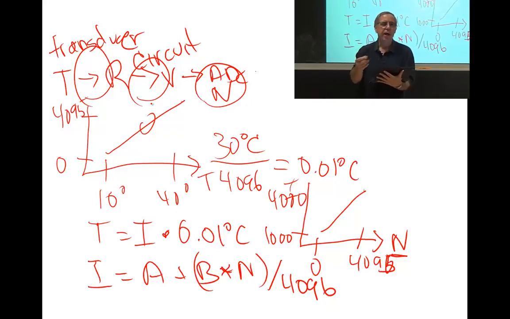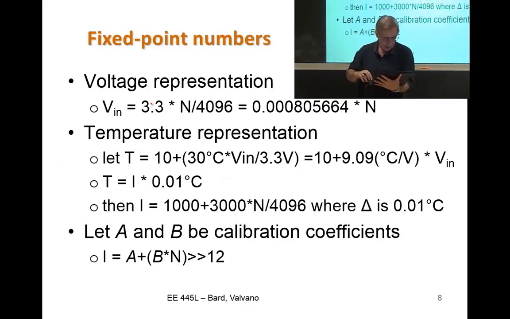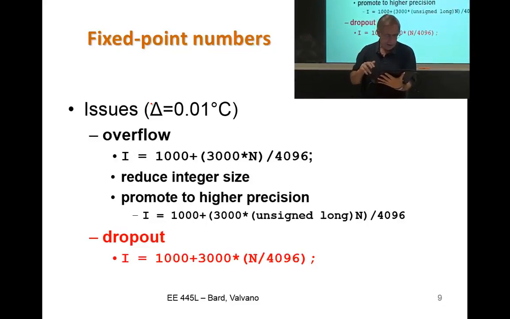Sidebar: when you get to Lab 9, we're not going to use a linear circuit. We're going to use a table lookup because the curve's not straight, but nevertheless. Let's talk about what bad things can happen when I do this kind of math.